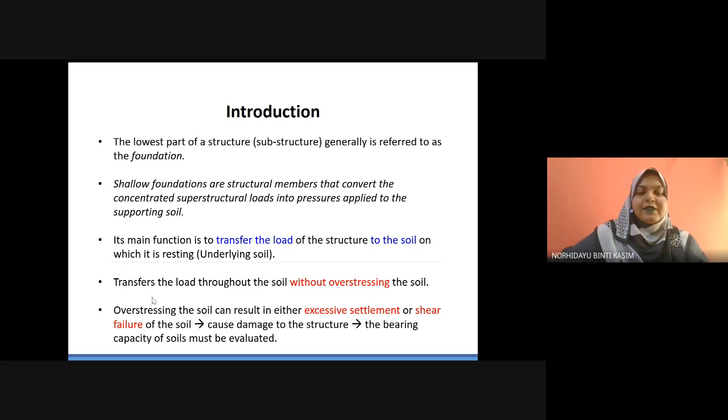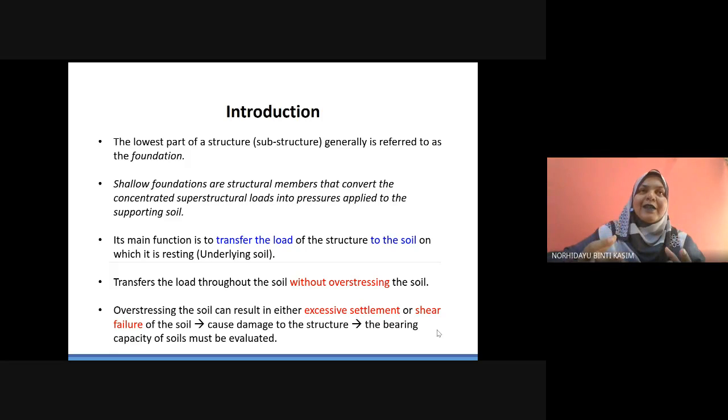It should transfer the loads without overstressing the soil. If you overstress the soil, then excessive settlement or shear failure will occur. What is excessive settlement?